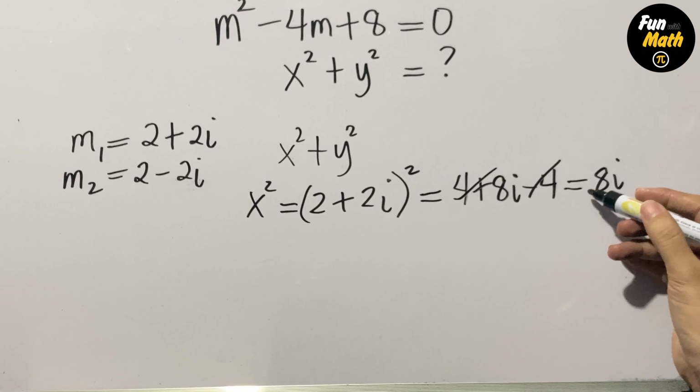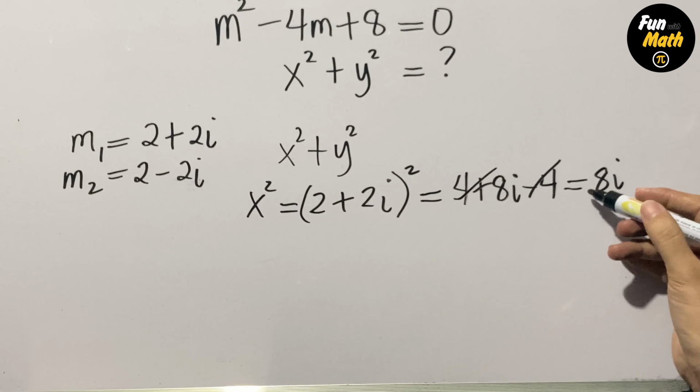And then negative 2i squared, that is positive 4, times the value of i squared, which is negative 1, so it will be negative 4. Equals 4 minus 4, this will already be equal to 0, so this will be cancelled. So we have negative 8i. So the value of y squared is equal to negative 8i.